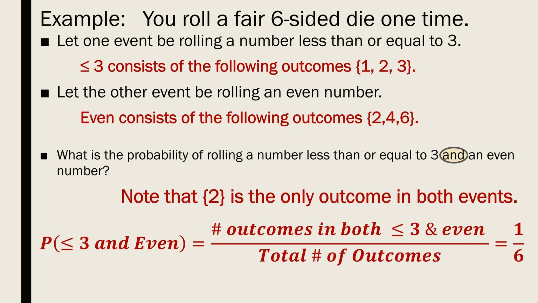Even numbers consist of the following outcomes: 2, 4, 6. What is the probability of rolling a number less than or equal to 3 and an even number? Note that 2 is the only outcome in both events.